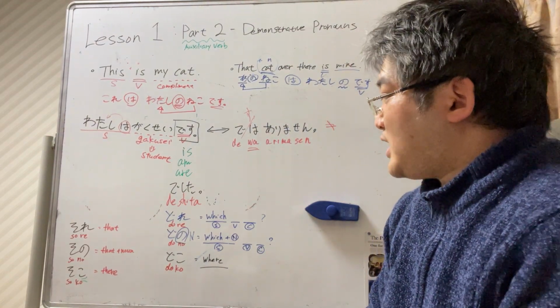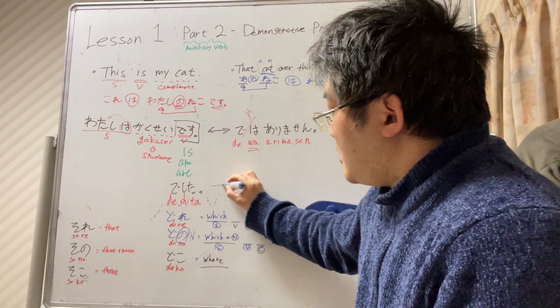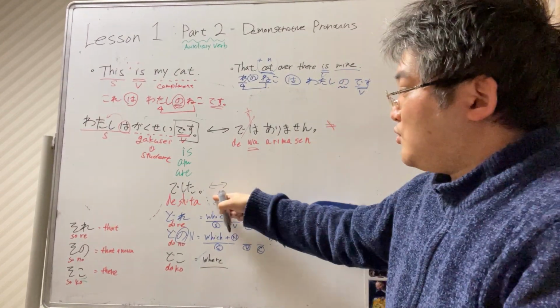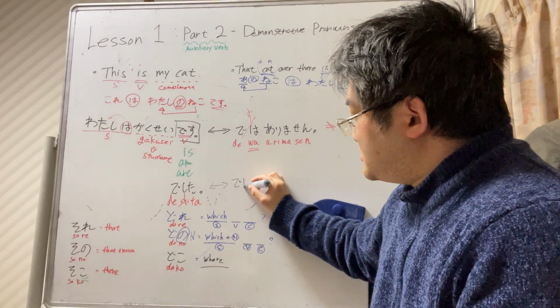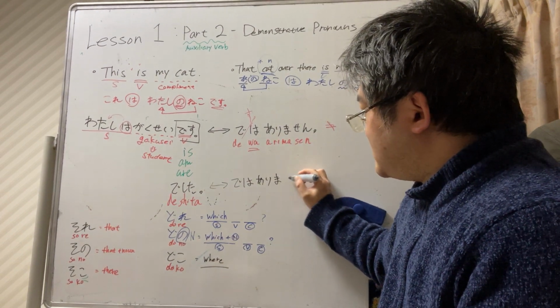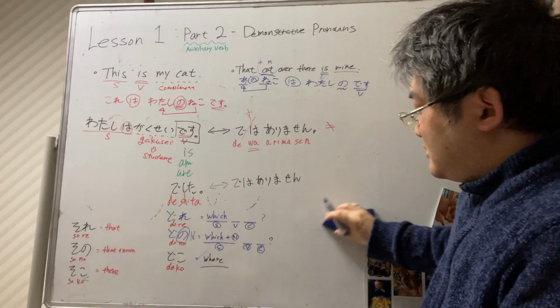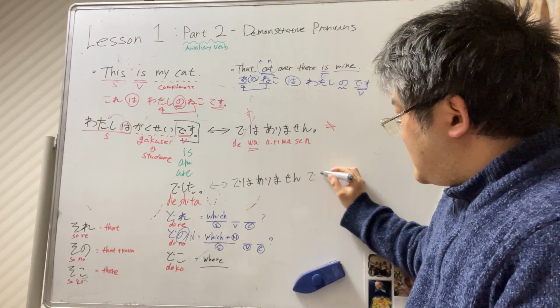How about the past negative? I was not a student. Here you need to change it into ではありません, plus でした. See, it's exactly the same thing.